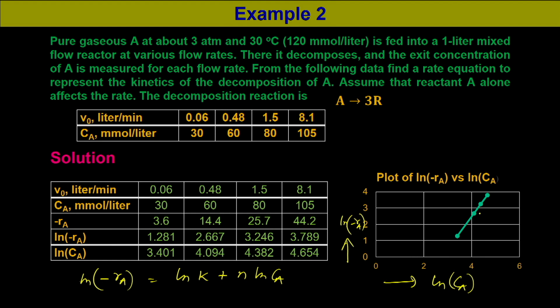So, the slope of this curve is n. The slope can be calculated here, and the slope n is equal to 2.